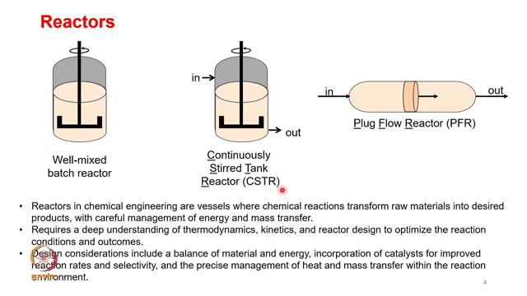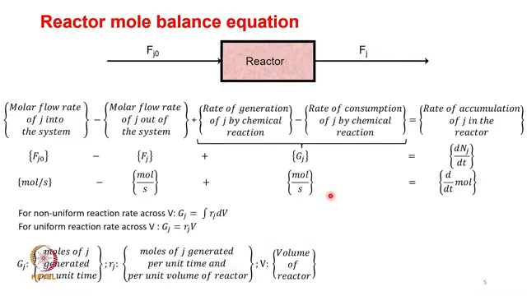So we are interested in reactor network synthesis. How do you combine CSTR and PFR, or even CSTR and CSTR, and so on and so forth. So the analysis would be typically limited to these aspects only.